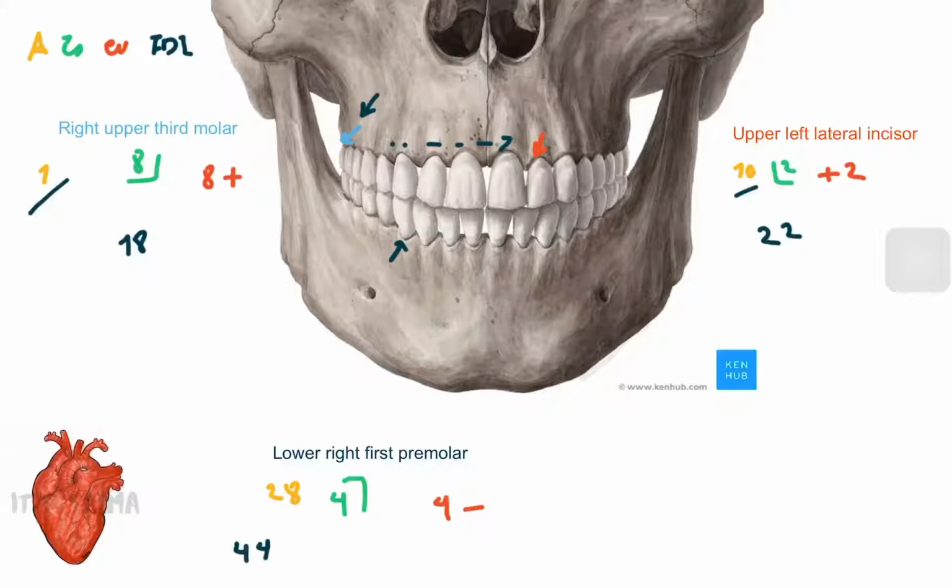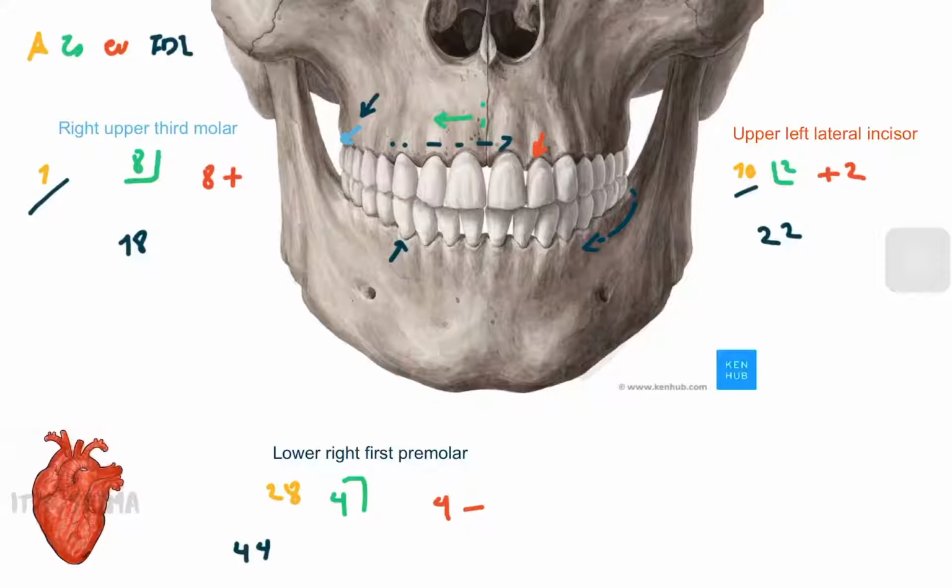And the lower first premolar will be 28 because I will again count this way until I reach that one. In the case of Zsigmondy-Palmer, it shows the upper right, and from the midline I start numbering them, and the last one, which is the third molar, will be the 8.